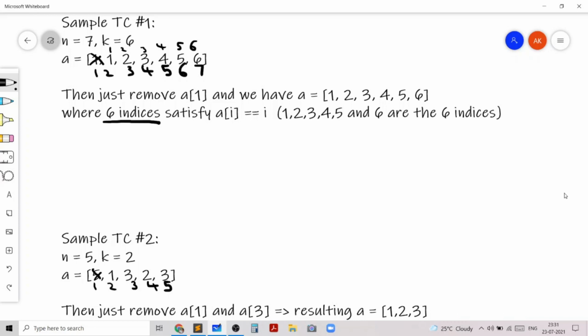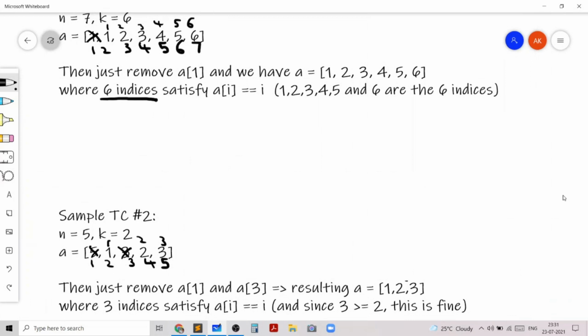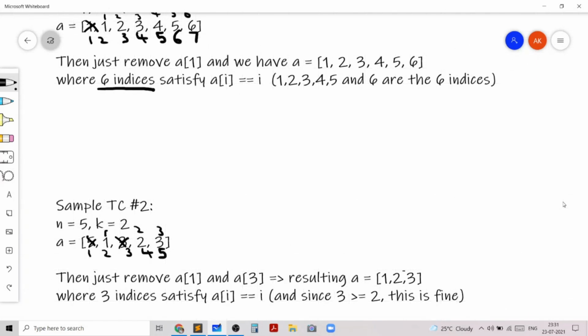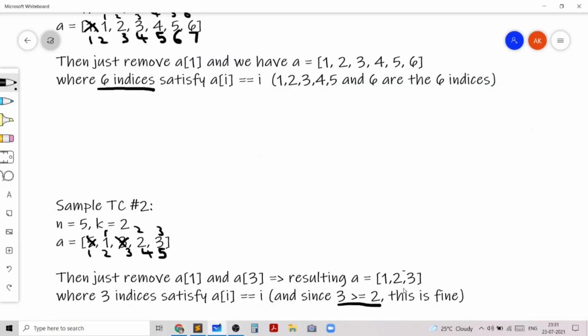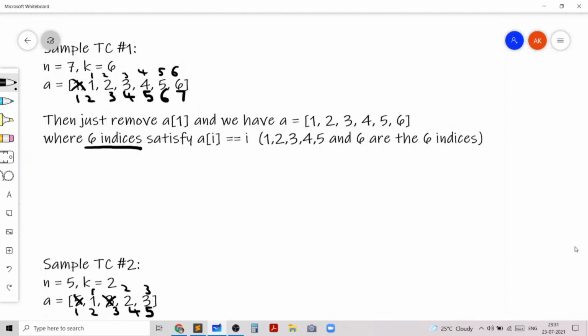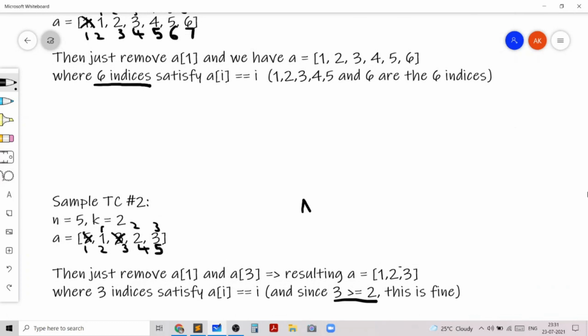If we remove these two, then this is the resulting array: 1, 2 and 3, and 3 indices actually have a_i equal to i, and this is fine because 3 is greater than or equal to 2. They asked us to have at least k elements equal to the index, so 3 is greater than or equal to 2, and this is fine. Note that the answer will just be equal to the number of elements which we removed. So the answer is 1 for the first test case and the answer is 2 for the second test case.